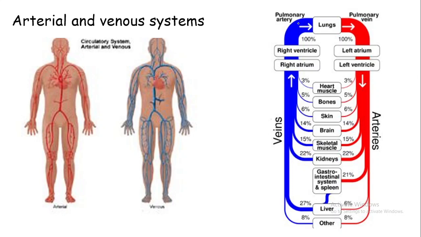Pulmonary artery. Let's start from the lungs. The lungs receive oxygenated blood through the pulmonary veins. 100% oxygenated blood is released. It goes to the left atrium, then to the left ventricle, then 3% of it goes to the heart muscle.